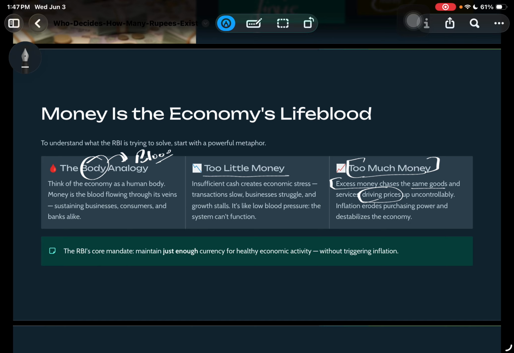If everybody has more money than everyone, then the value of the commodity that you need to buy ultimately inflates. The value remains same, but the prices inflate, right? So RBI's core goal and mandate is to make sure that a healthy amount of currency is flowing without triggering inflation.